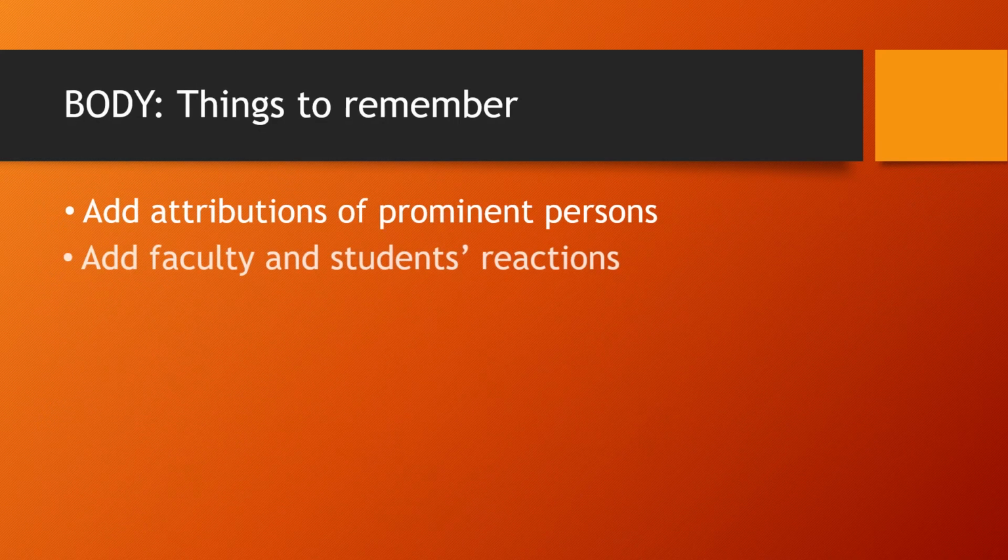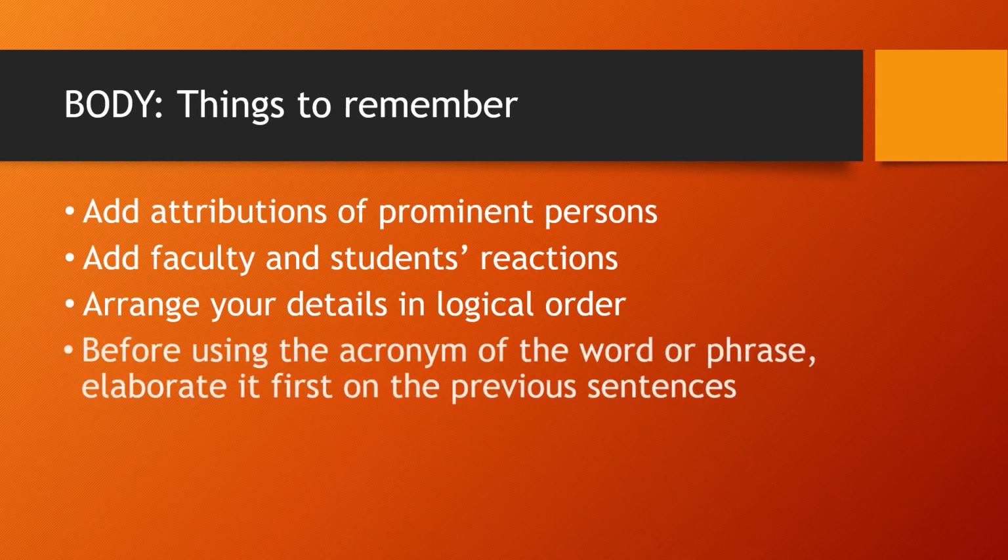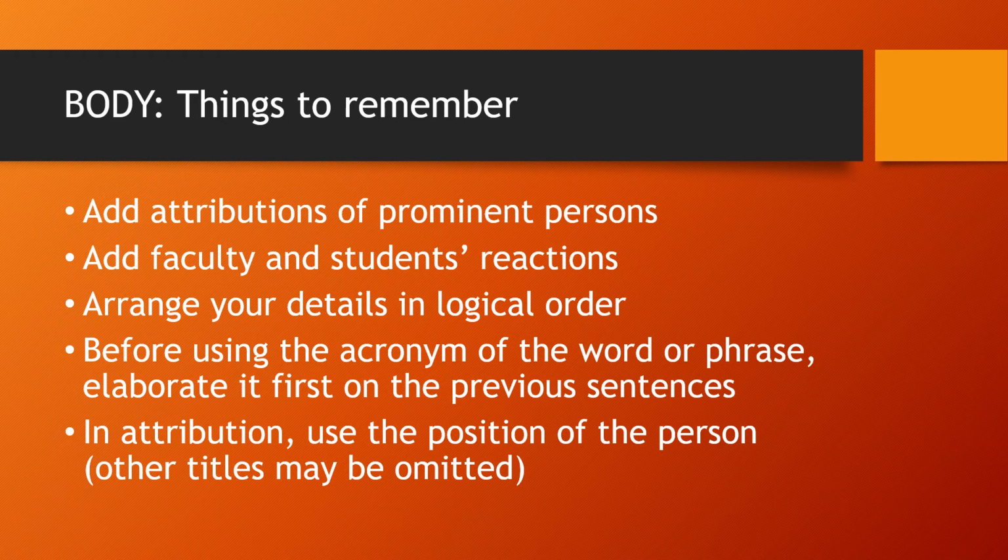Add attributions of prominent persons. Add faculty and students' reactions. Use quotes. Arrange your details in logical order. Before using the acronym of a word or phrase, elaborate it first in the previous sentences. In addition, use the position of the person.